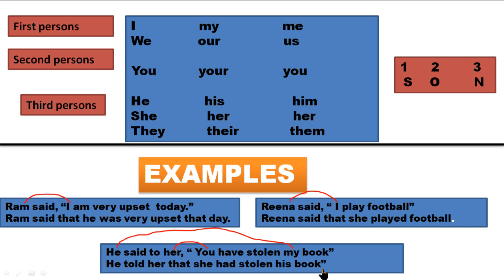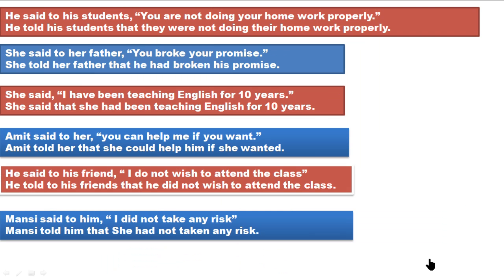In this way, direct sentences are changed into indirect or reported speech. Now see some more examples. He said to his students, "You are not doing your homework properly." He said to becomes told, his students that. You is a second person.